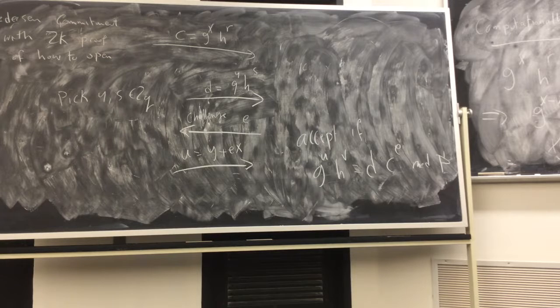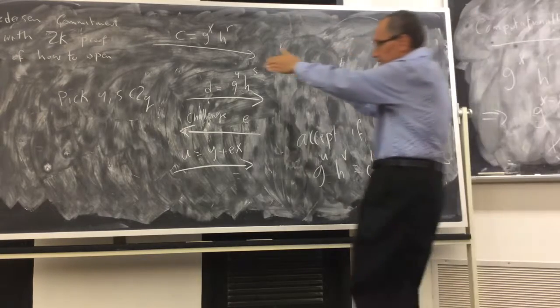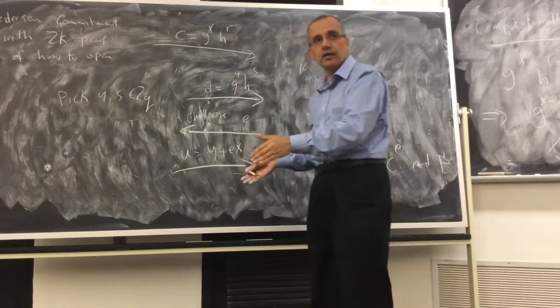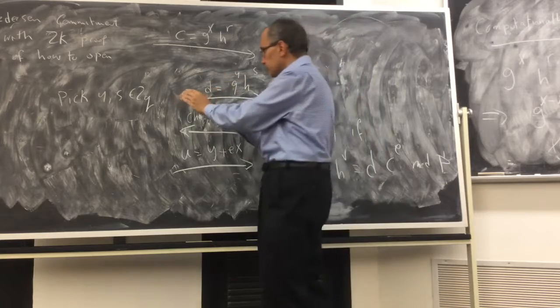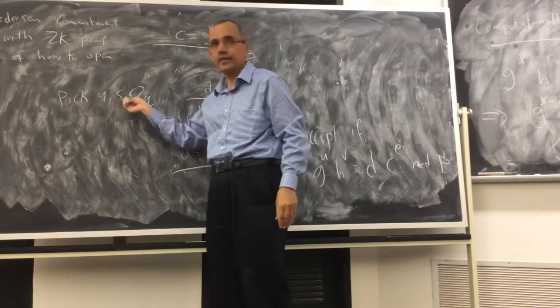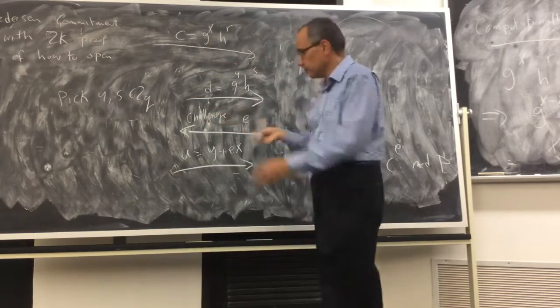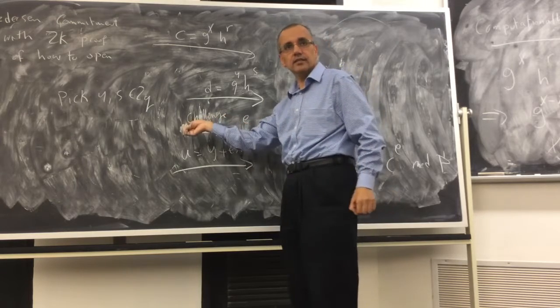Fix the same d and choose two different challenges. When you're fixing the same d, it means that because y and s were random, I'm going to run this one time. Then I'm going to reset this guy, which will force him to pick the same y and s, but I'm going to challenge him with a different e.